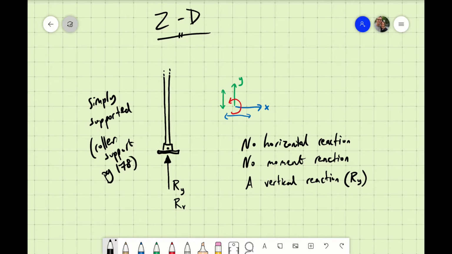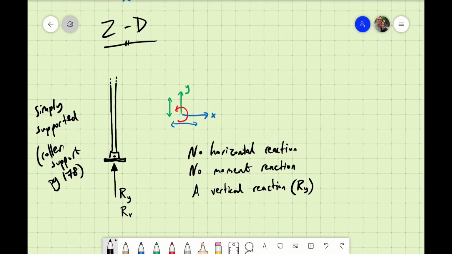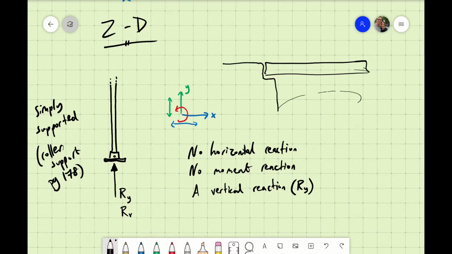And those do actually happen. If you go and climb under a regular old bridge, what you'll actually see is they put a little support under one end, and then on the other end, they often put a literal physical rolling circle of some sort.